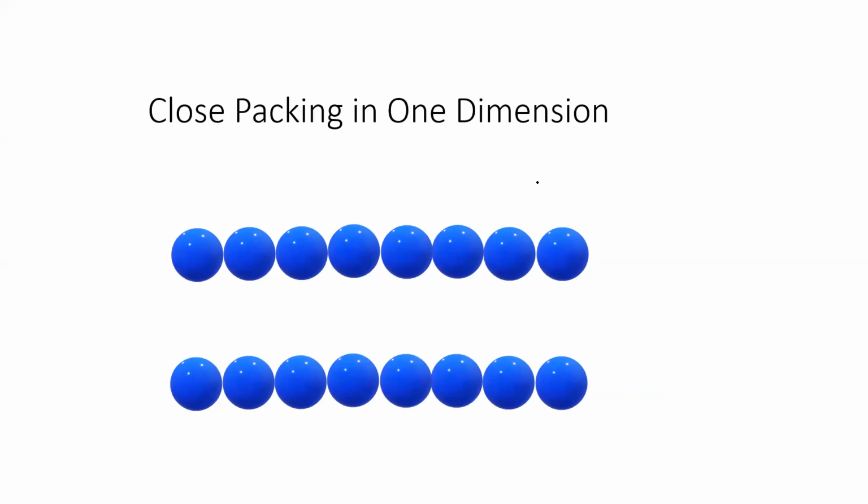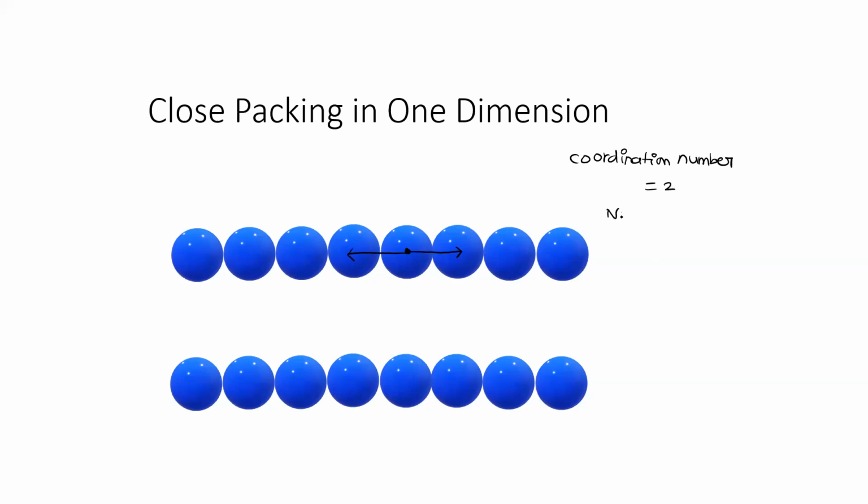Now here we have to calculate the coordination number. What is the coordination number for 1 atom? Suppose I'm considering this particular atom, it will be directly touching how many atoms? 2 atoms. So the coordination number is 2.